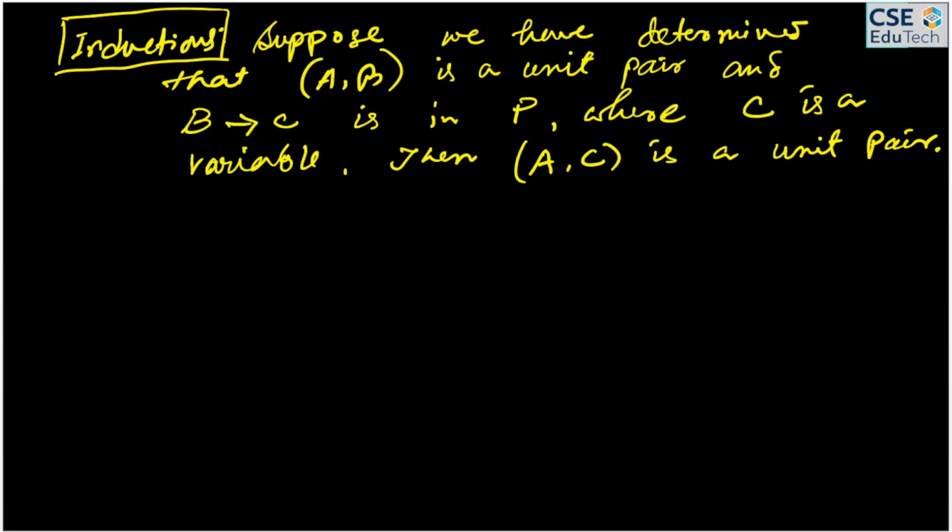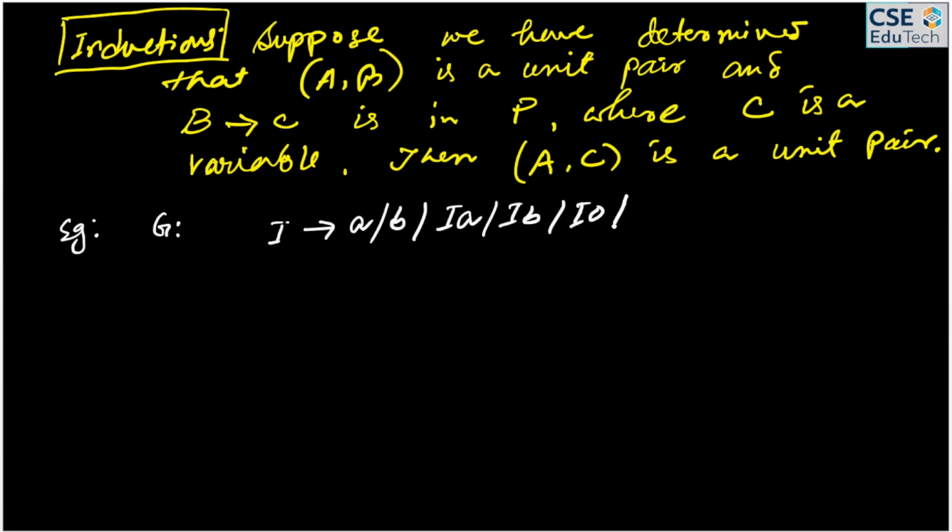Now I will give an example. Suppose there is a grammar G whose productions are of the form I to a or b or Ia, Ib, I0, I1.